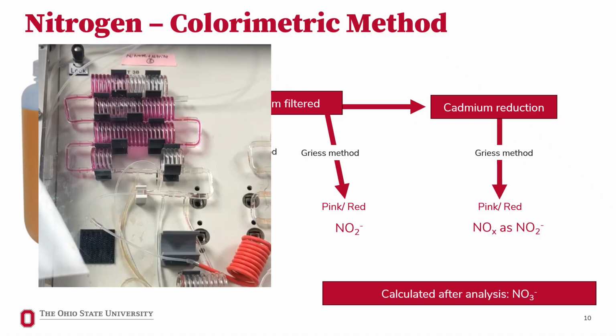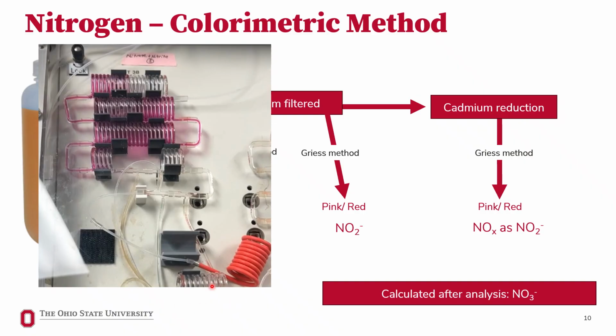Cadmium reduction is a commonly used method where the sample is run through a glass column containing cadmium, which will chemically convert all the nitrates into nitrites. This photo shows an example of a nitrogen sample that has an unusually high concentration, and it's being run on an autoanalyzer.